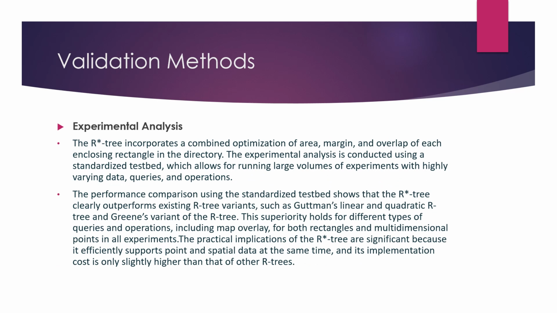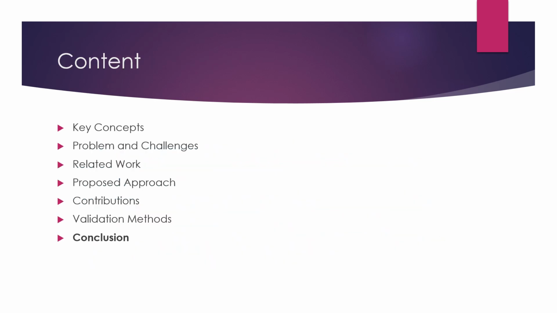Now the validation method. The experiment analyzing the performance comparison using the standardized test bed shows that the R* tree clearly outperforms existing R-tree variants such as the linear and Greene's R-tree.